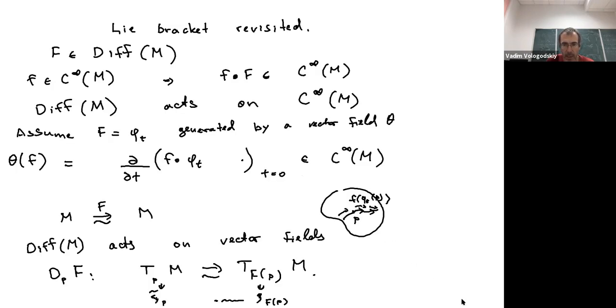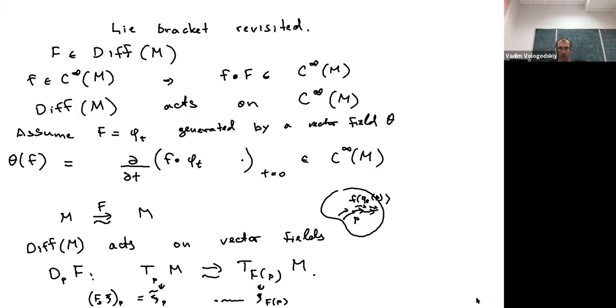So let's look again at this picture. I have this vector, and now I look at its preimage, and I declare this to be f star of xi computed at point P. That's the formula. So, okay.